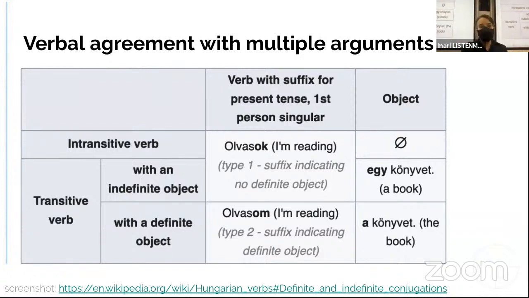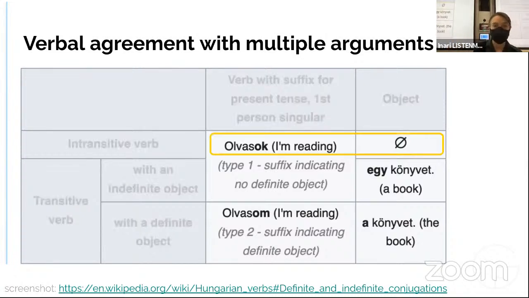So these forms, olvasok and olvasom, they both have first person subject, but the difference is what is the subject/agent, because it's also a difference in the object. So in this case, with the same verb, you can use it intransitively or transitively. If it's intransitive, then you always use this form, olvasok.